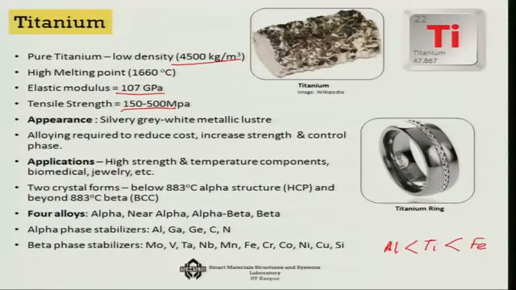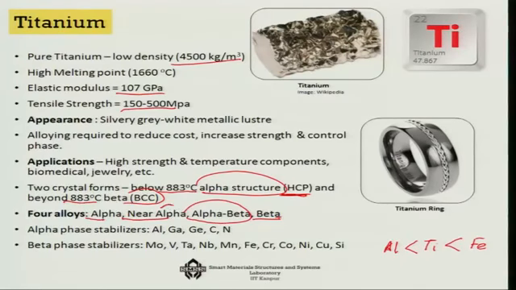It has a silvery grey white metallic luster, and its alloying has certain typicalities. It has basically two kinds of structures. Below 883 degrees, it has an alpha structure, which is hexagonal close packed, HCP. Beyond 883, it has a beta structure. Now, you may find in alloys that it has either an alpha or a beta, or near alpha or alpha beta.